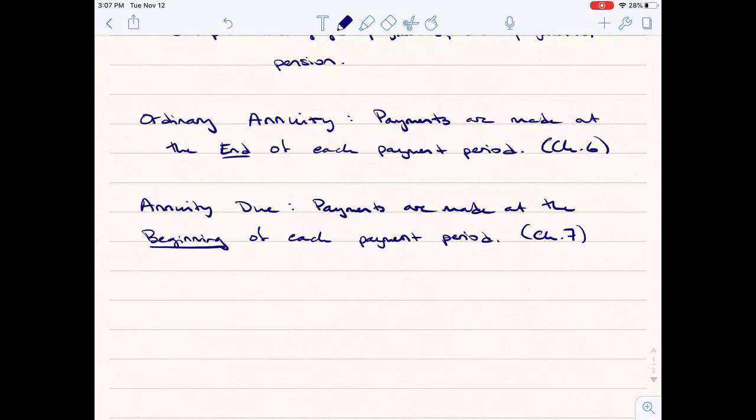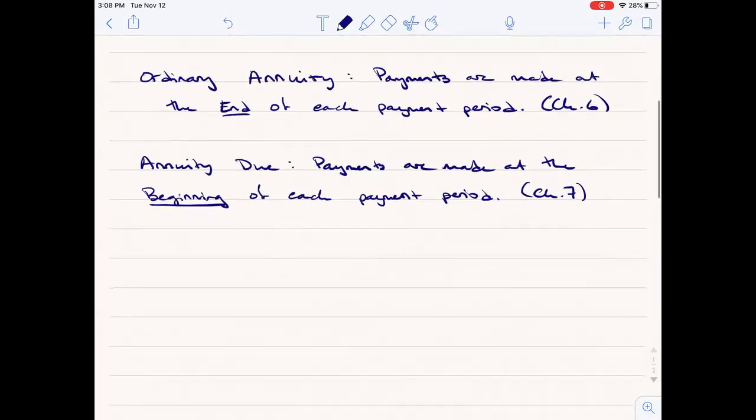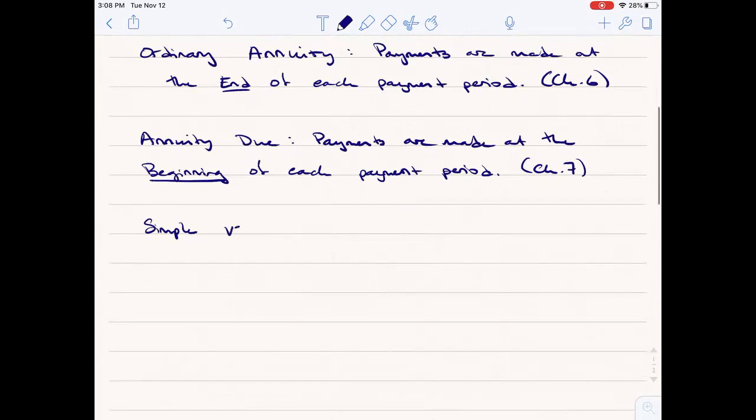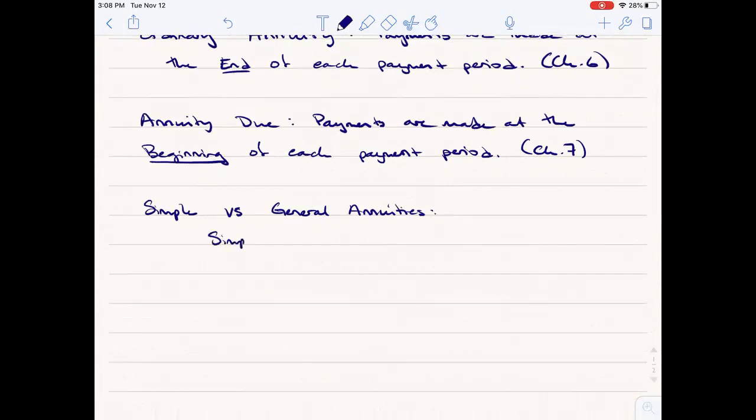Okay. We said, okay, well now we're on the flip side. For simple versus general annuities, it's a simple annuity if the payments per year equals the compoundings per year.